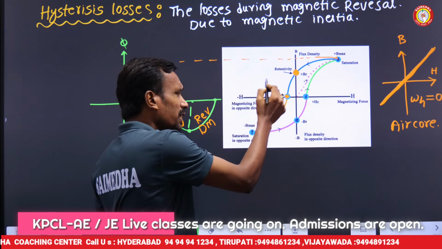Due to residual magnetism, and this property is called retentivity. Retentivity is the property by which the flux density does not go to 0 even though the magnetizing force is 0.